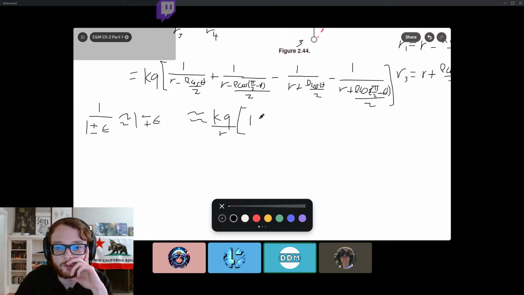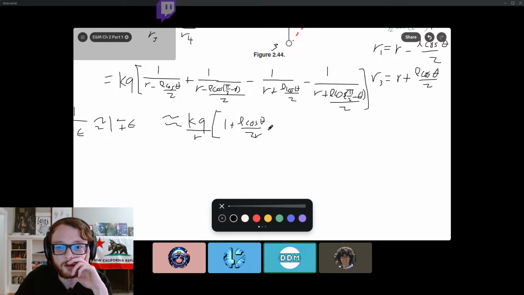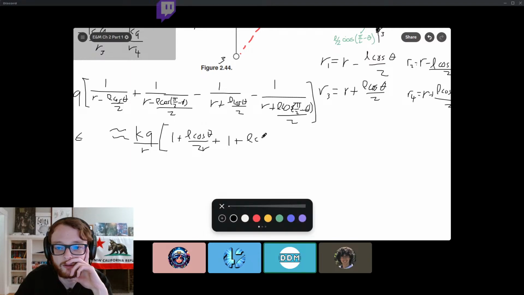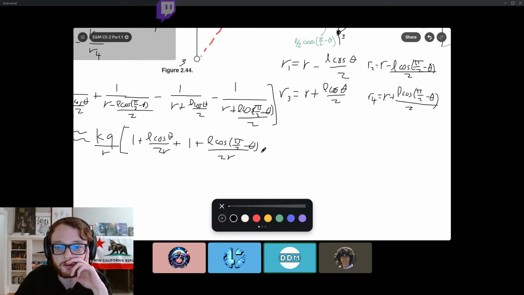Okay, so it's 1 plus L cosine theta over 2r. If I don't have to add those r's, I know I'm going to forget it for at least one of these. L cosine pi over 2 minus theta over 2r.